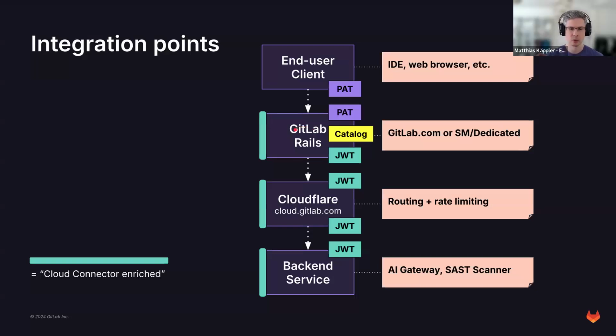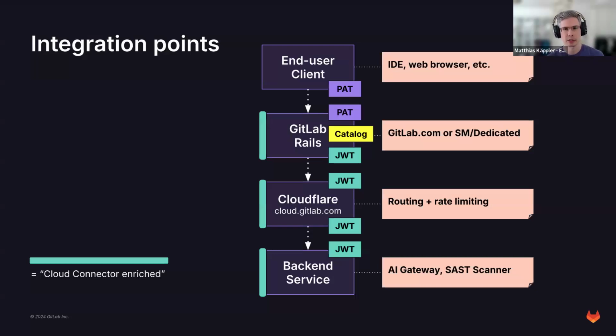What then happens, as I mentioned on the previous slide, is we somehow need to translate these local permissions into cloud entitlements. And the way we do that is by consulting what we call the Cloud Connector catalog. I'm going to show you in a minute what that looks like and what that means. But it's basically a mapping from how we bundle individual cloud entitlements with things that we sell, such as Duo Pro, Enterprise, the different license tiers, and so forth.